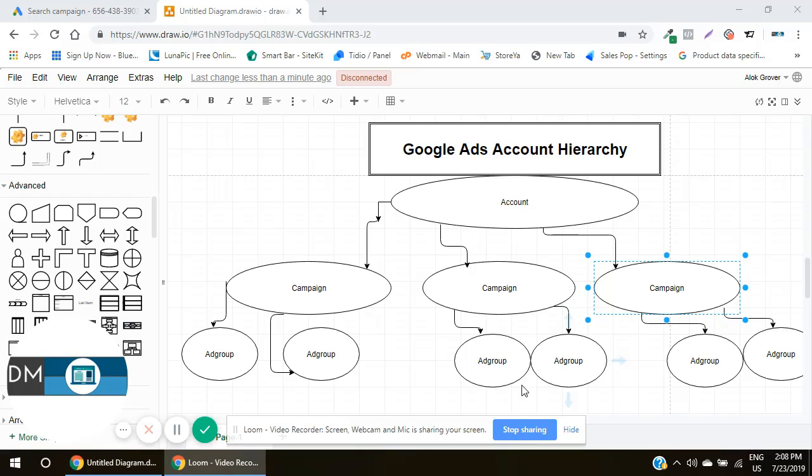So these are two ways, and how well you structure would be very important.